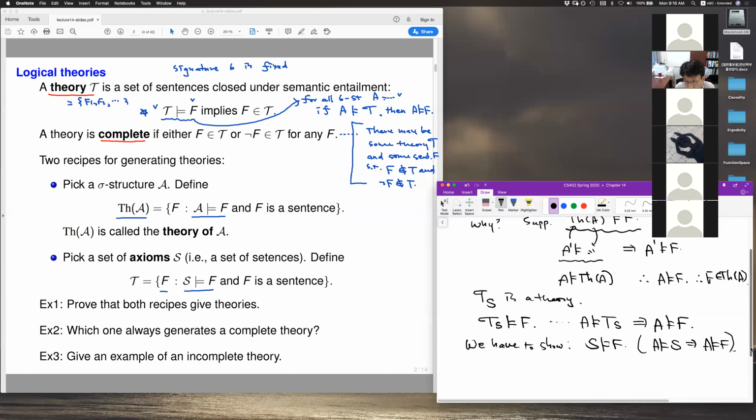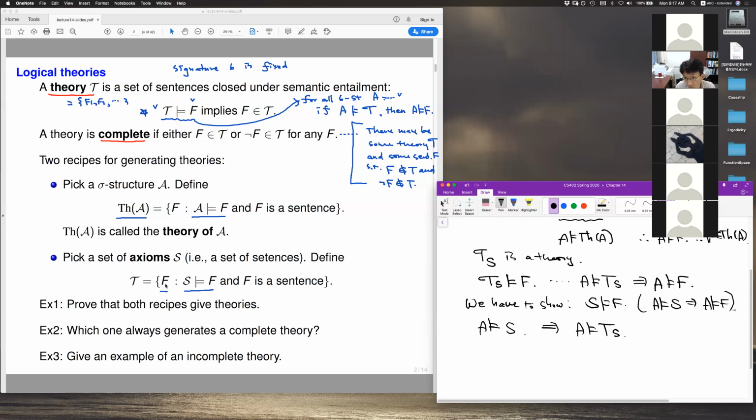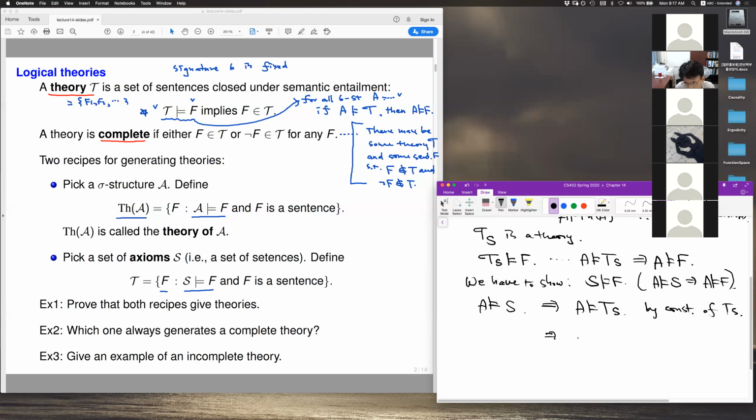If A satisfies S, then that implies A satisfies T of S. That's because T of S is constructed by collecting all the sentences that are entailed from S. So this is true by construction of T of S. Now by assumption, this implies A satisfies F. So we show that A satisfying every formula in S implies A satisfies the given formula F. That's what we had to show here.